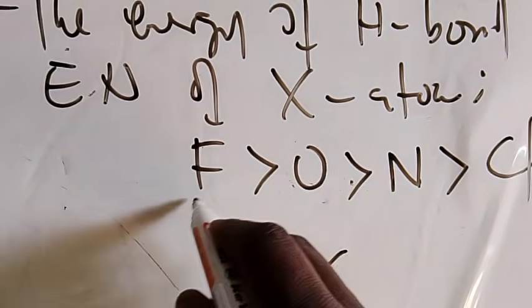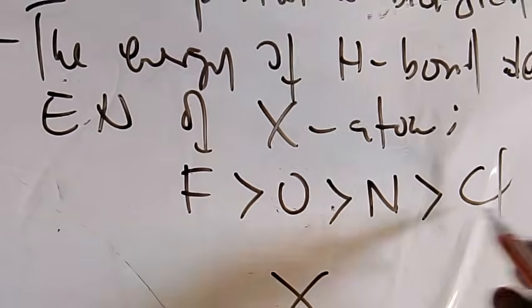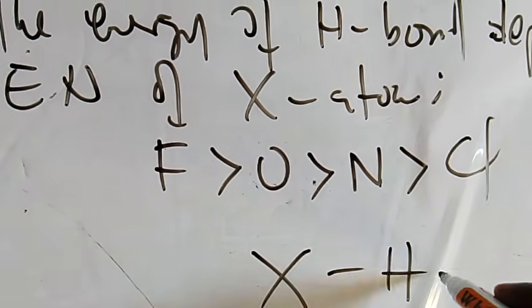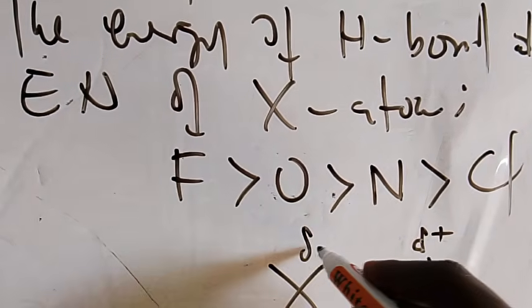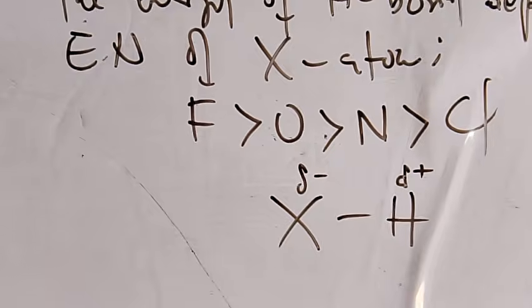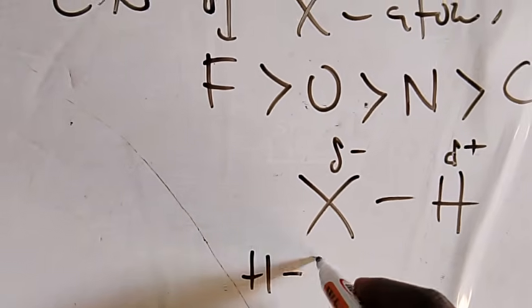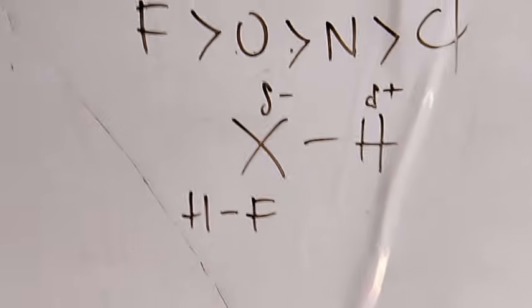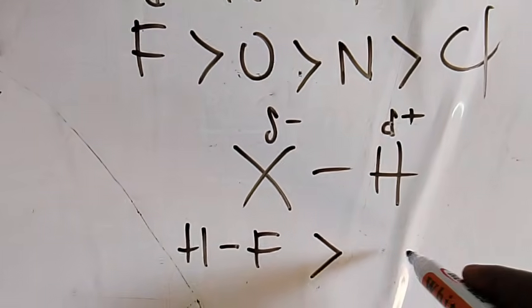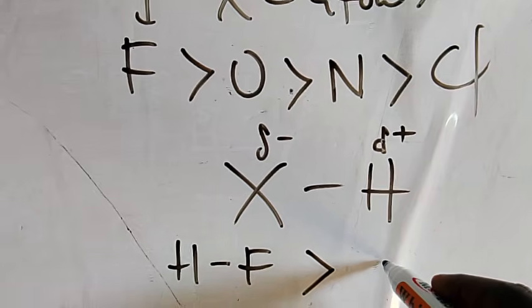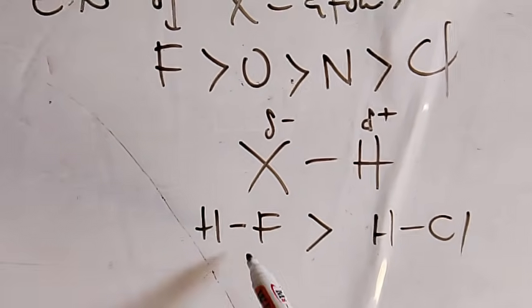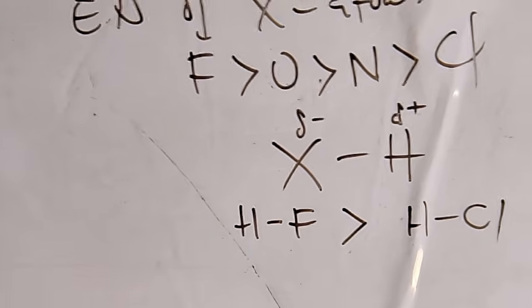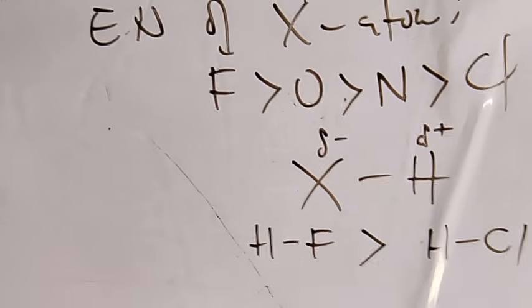X could be fluorine, oxygen, nitrogen, or chlorine. The bond formed between hydrogen and fluorine is much stronger than the one formed between hydrogen and chlorine, because fluorine is the most electronegative atom.